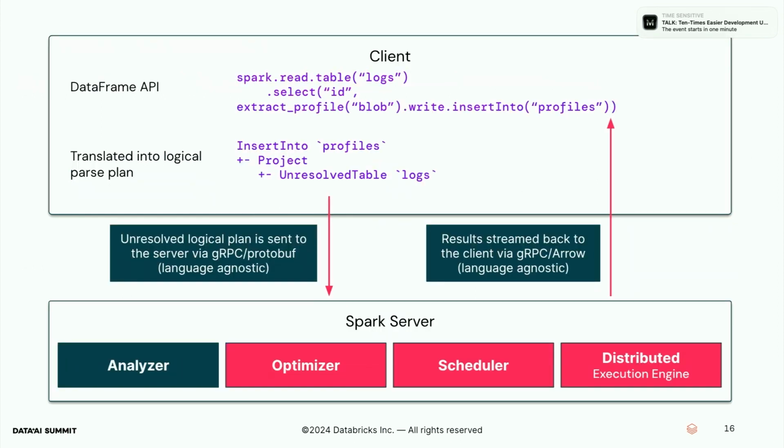The underlying fundamental principle is that when we looked at the APIs of the data frame, it was a very declarative way of reasoning about data. In the same way as SQL is a declarative approach to define what you want as an output without saying how, data frames operate on the same principle. So the way it works is that we translate the data frame APIs into what we call an unresolved logical plan.